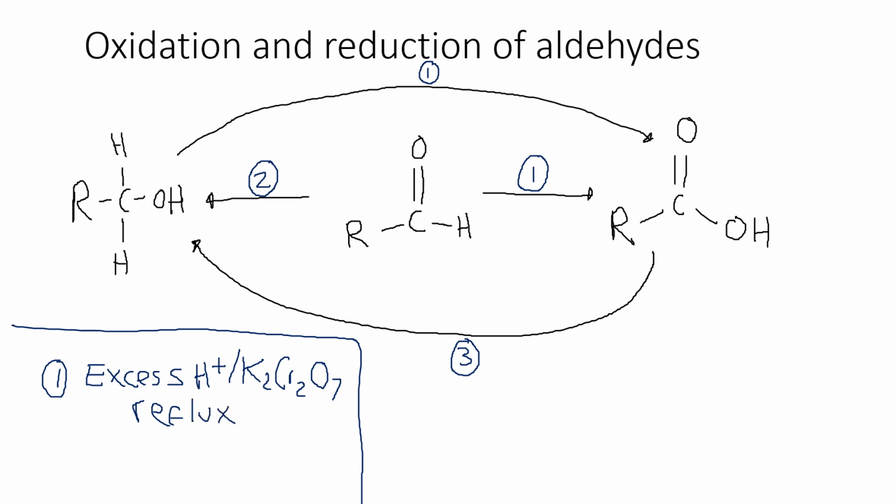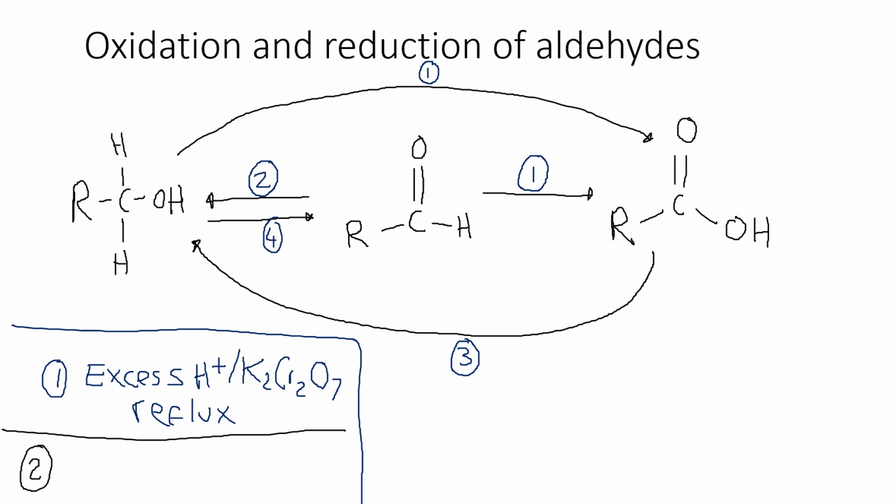I also want to add another arrow here that I missed off the first time, going from the primary alcohol through to the aldehyde, and let's call that arrow 4. Okay, so arrow 1, you reflux either your aldehyde or your primary alcohol with excess acidified potassium dichromate, and that'll fully oxidize it.